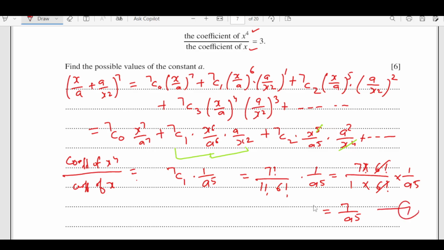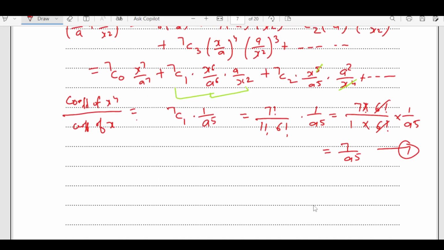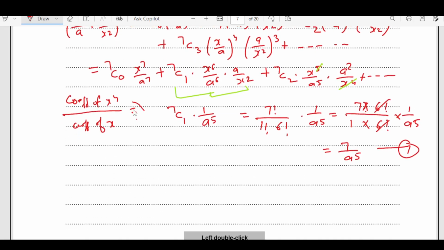So this is equation 1. I'm just taking the coefficient of x^4, so this is the coefficient of x^4 here. Now the coefficient of x is going to be 7C2 times 1 over a^3.